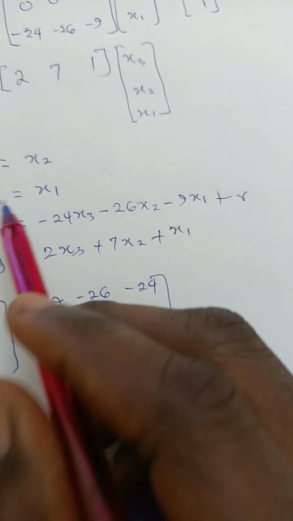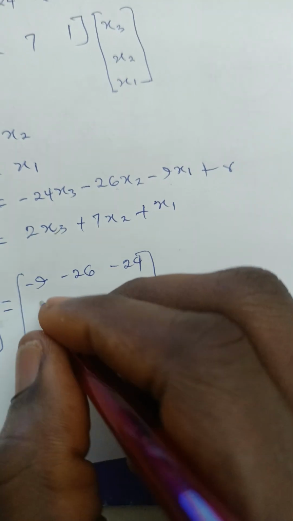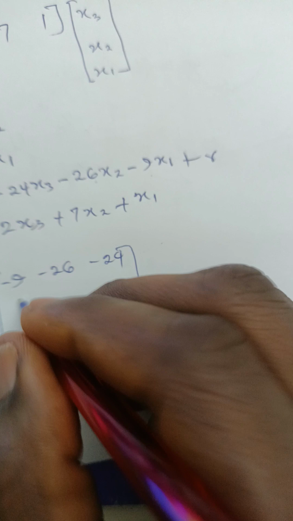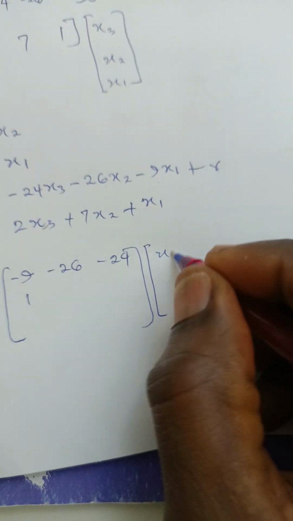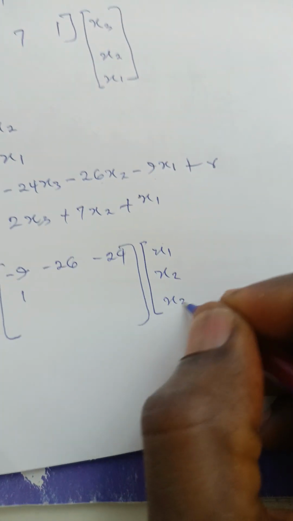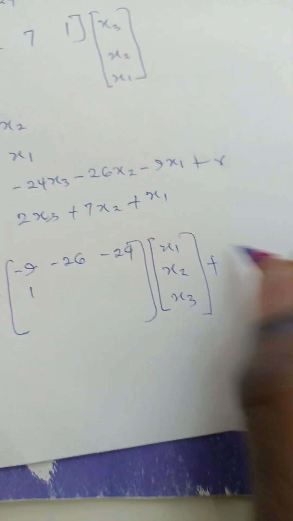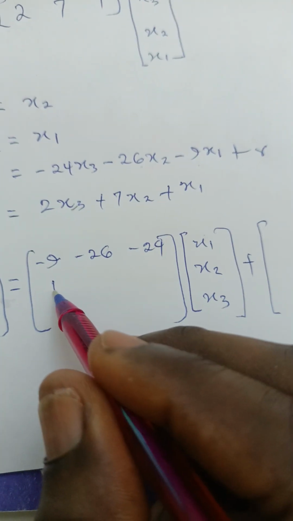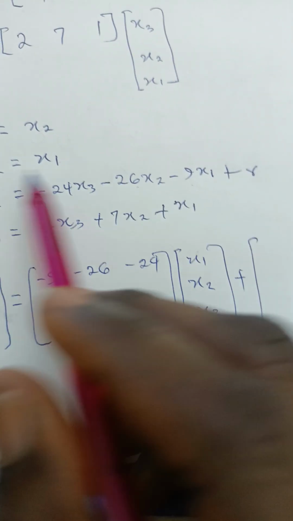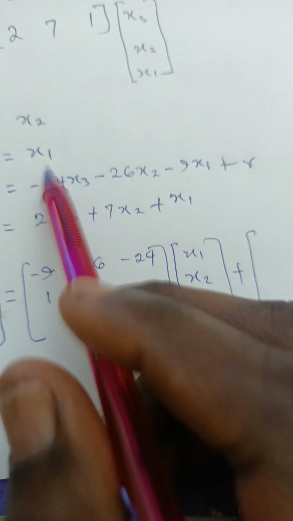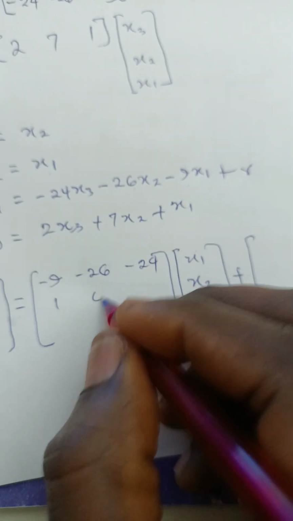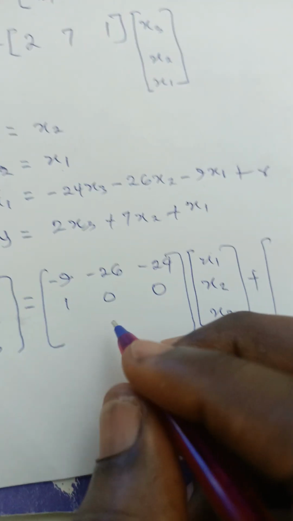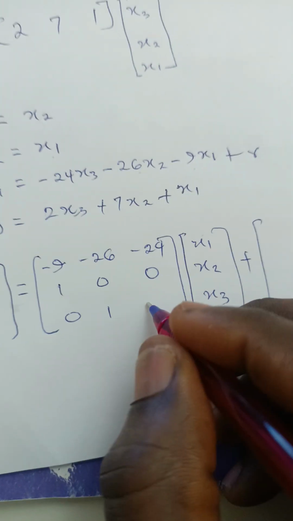Then our x2 dots will be x1, so this one is going to be x1 and the others will be 0. Then x3 dots will be x2, so the others will be 0.